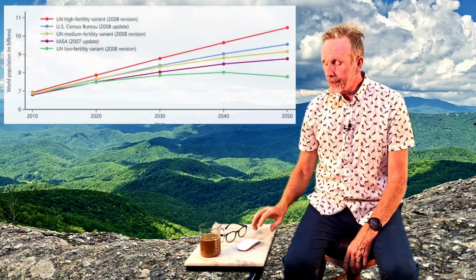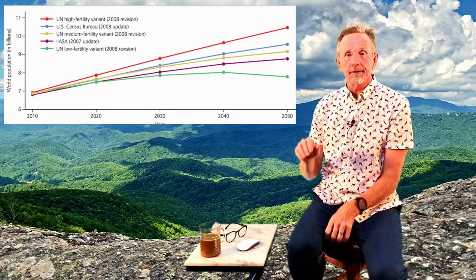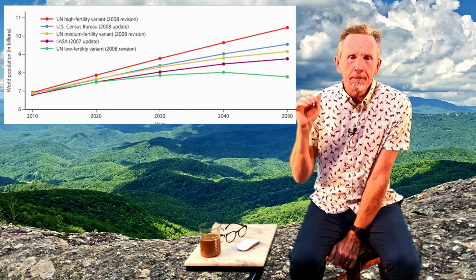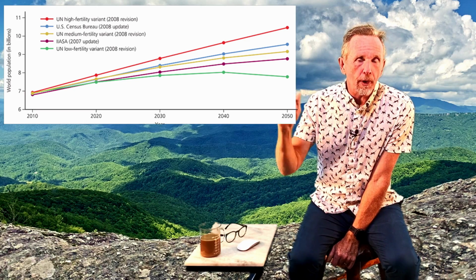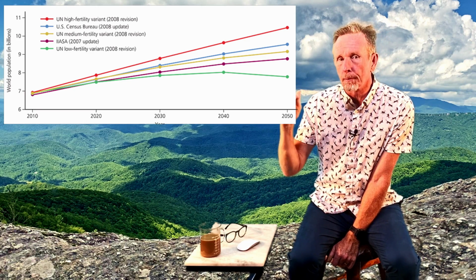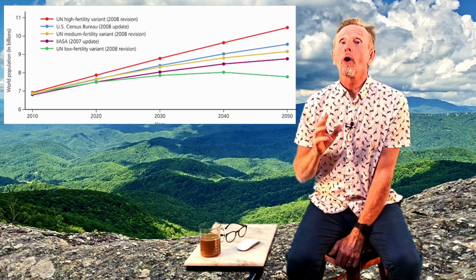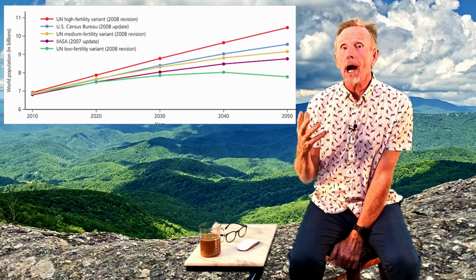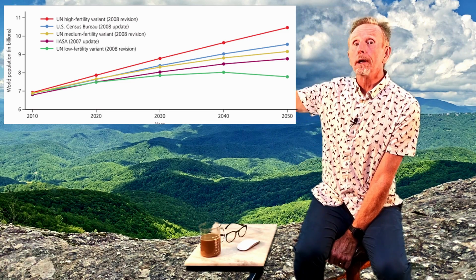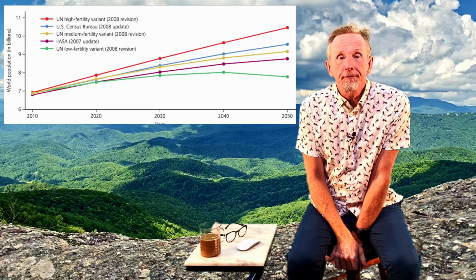And different organizations estimate populations using different methods and data. So let's take a look at some of these. Depending on how well you can see it, the top one is in red, then blue, yellow, purple, and green. These are all estimates of the population for 2050.